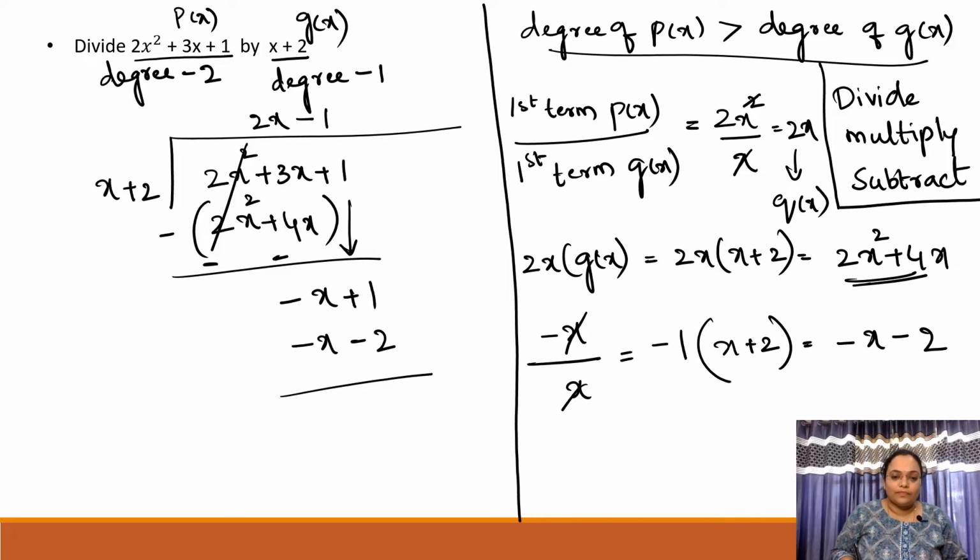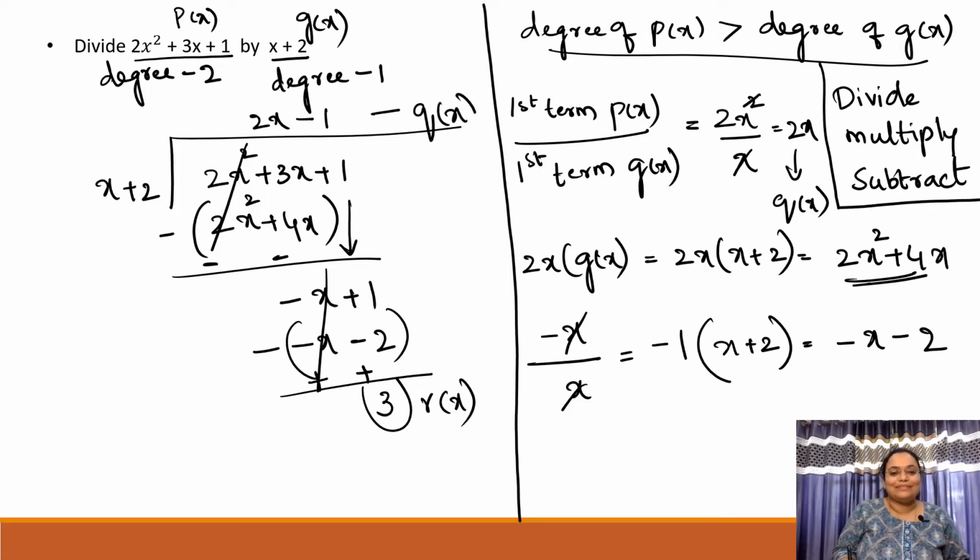So when you subtract it, minus sign will become plus, because minus of minus is plus, right? So minus x plus x will get cancelled. Plus 1 and plus 2 is plus 3. So 3 is your r of x and q of x will be 2x minus 1.